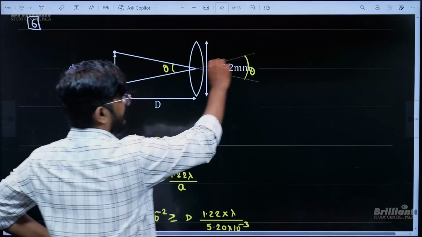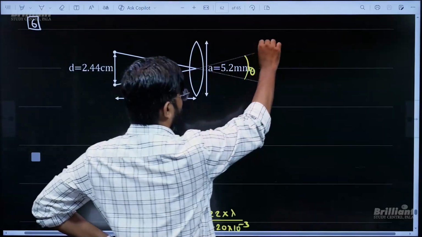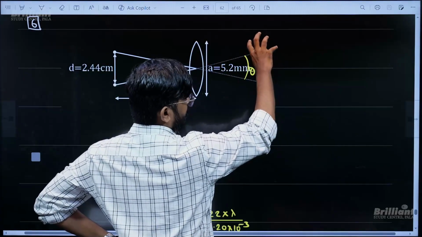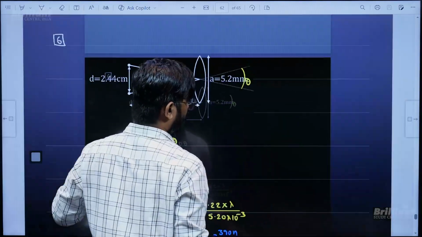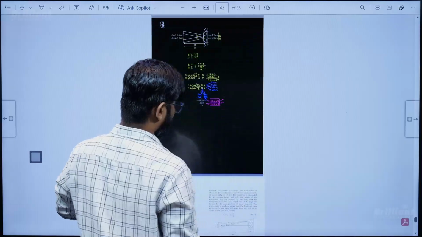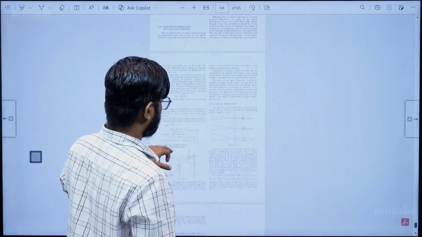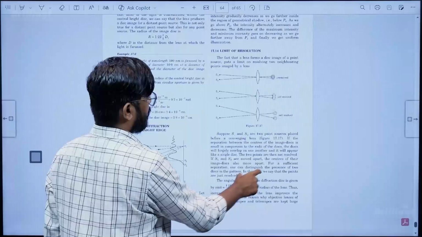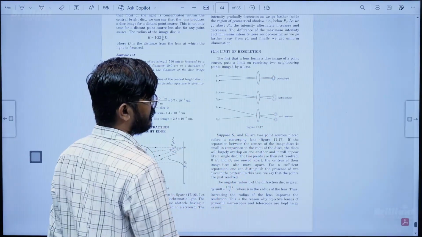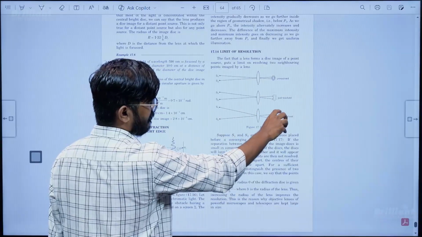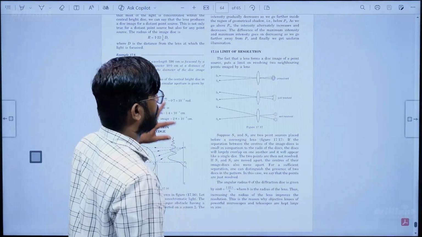If there is one point here, its image will be some kind of disc. This image also will be some kind of disc. Now when they come closer, they are going to overlap, and after that if they overlap then you can't say they are resolved. You don't know the difference between those 2 points. When this image and this image are formed like this, then you can understand they are 2 different points.